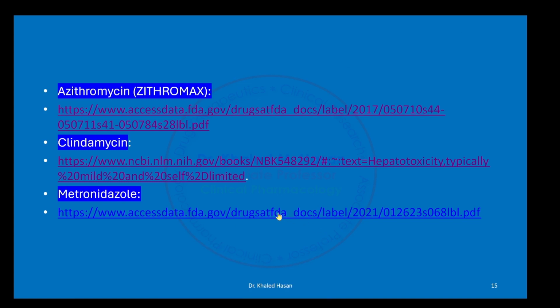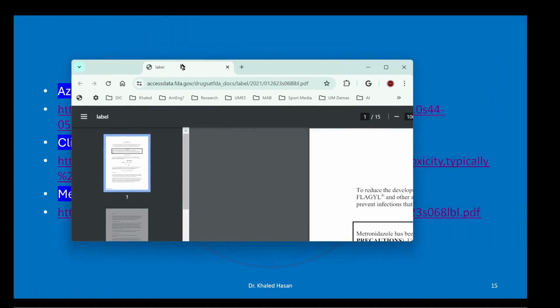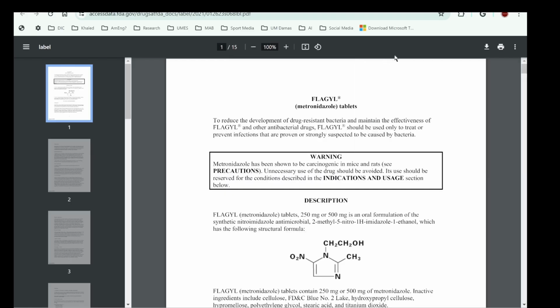For your text, metronidazole, brand name Flagyl. If you click on this one again for metronidazole, we can look at metronidazole tablets. We are not here to discuss the indications and uses because we are going to cover that in another lecture.